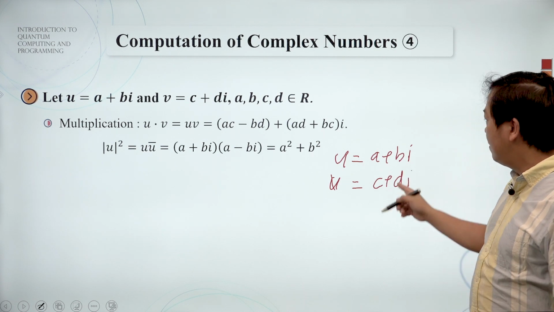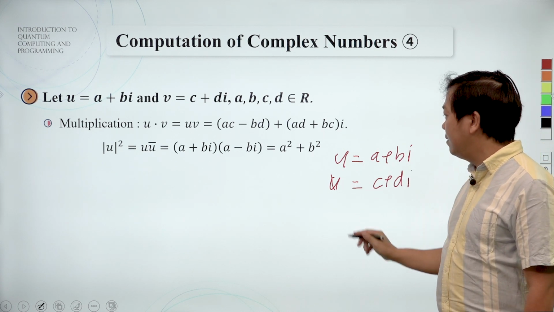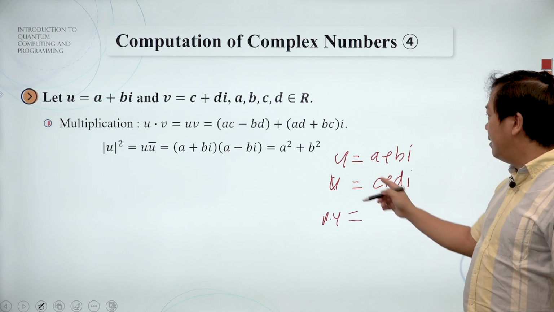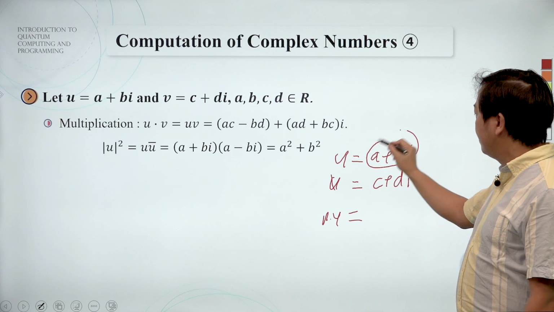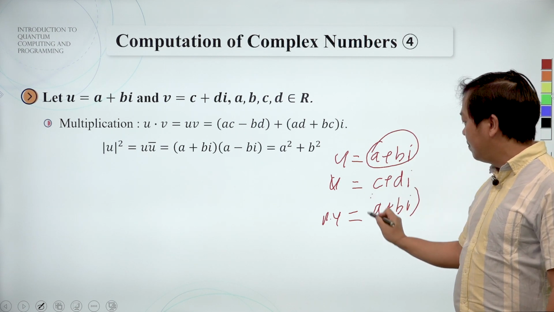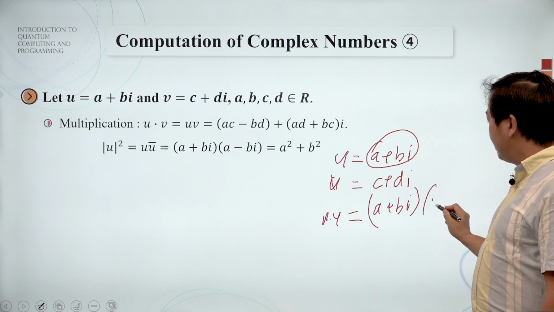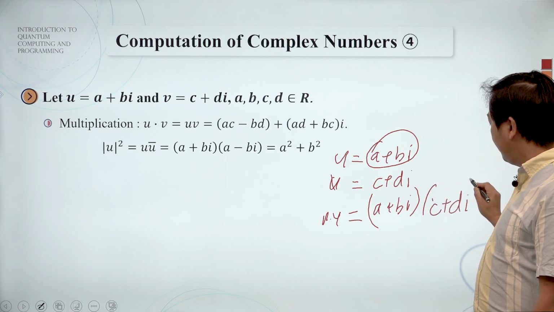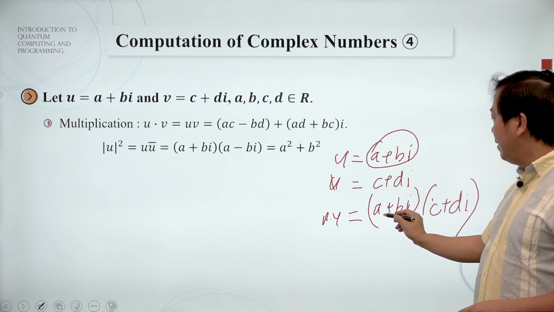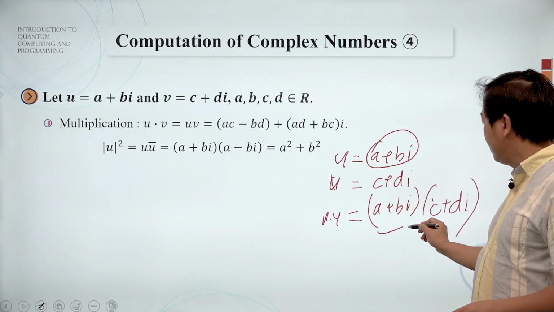Now we multiply the two vectors together. You take a plus b i and c plus d i, and multiply the whole of this one and this one.